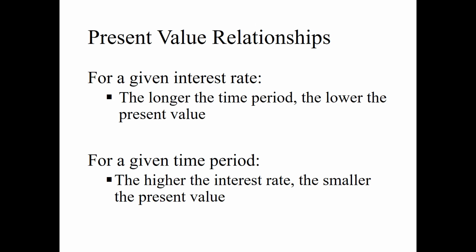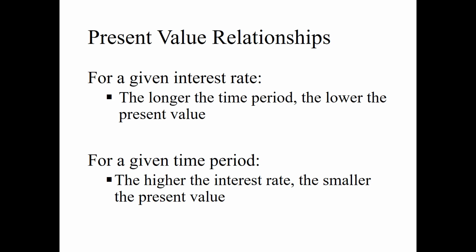There are also some relationships with our present value, and so if we hold our interest rate constant, or for a given interest rate, the longer the time period, the lower the present value. The reason that's the case is that if we're trying to invest a certain amount and we're able to save or invest for a longer period of time, that's a longer period of time that interest can be earned. And so it could grow to a higher amount at some point in the future given a longer time period to earn interest.